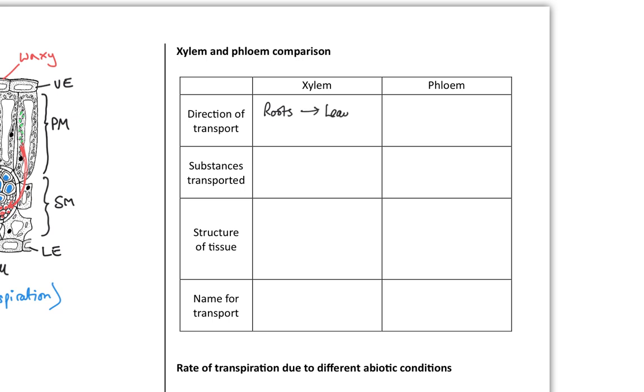Water's lost in the leaves. It provides like a suction force almost that pulls it up the xylem from the roots, and it enters the roots by osmosis. The phloem goes from leaves, as in they transport sugars from the leaves to growing or active areas.